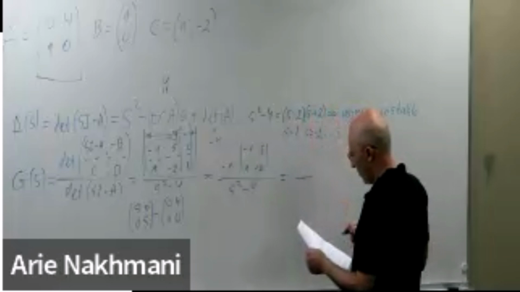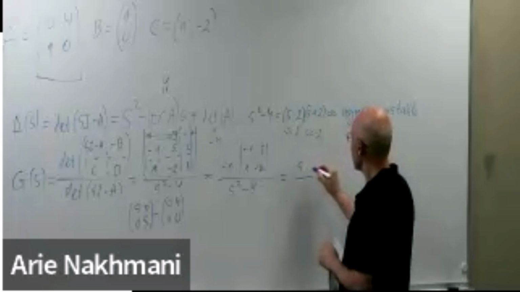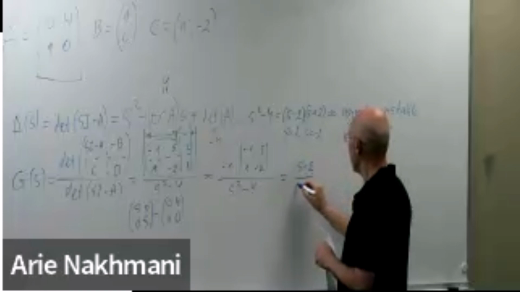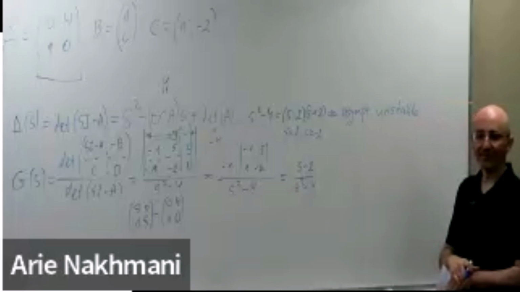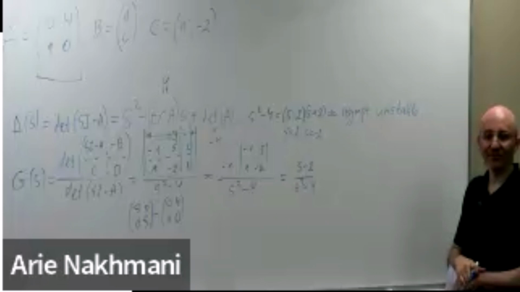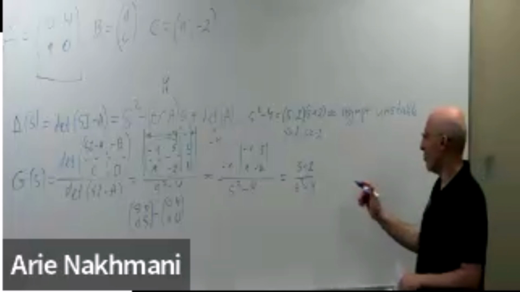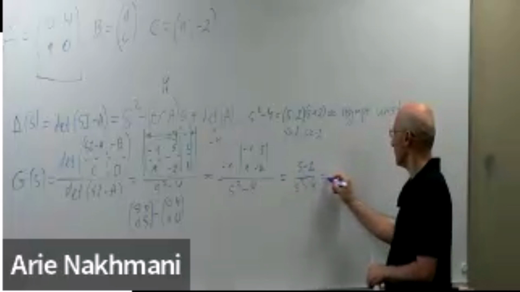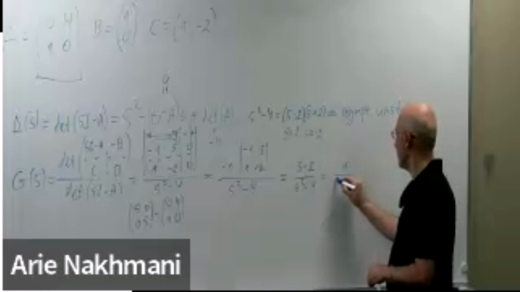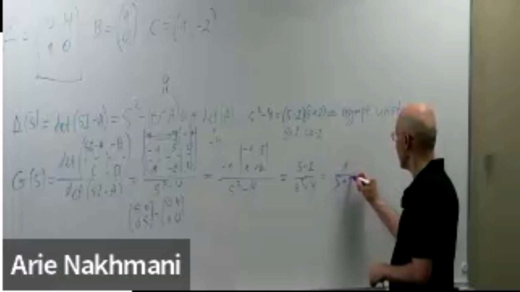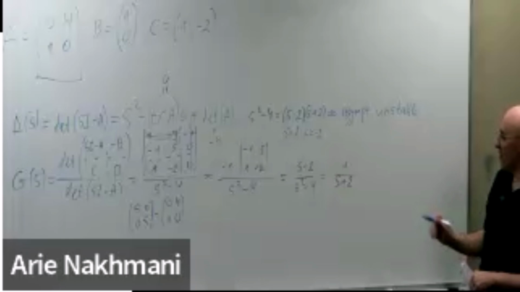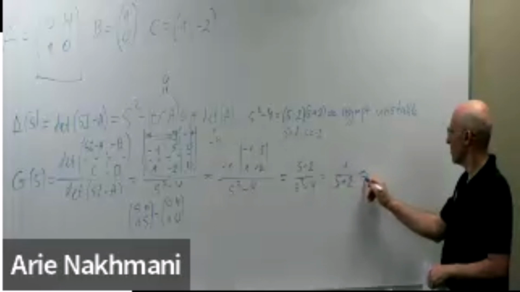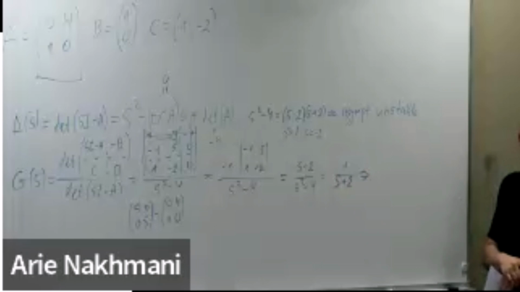Because the thing will be s minus 2 divided by s squared minus 4. Okay. Now we can cancel some. It will be 1 divided by s plus 2, which means that this is BIBO stable, but not asymptotically stable, right?